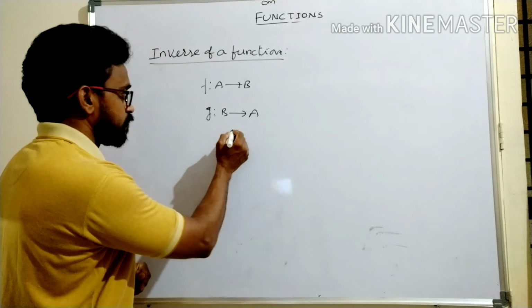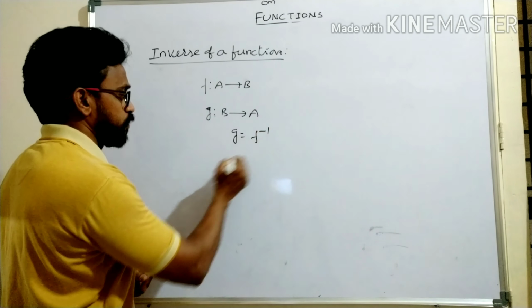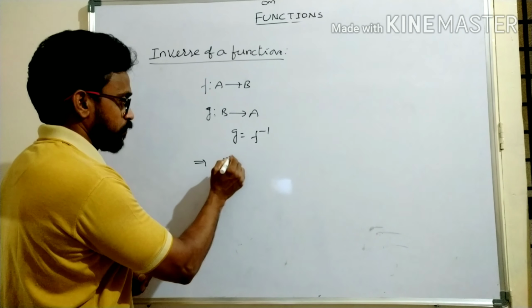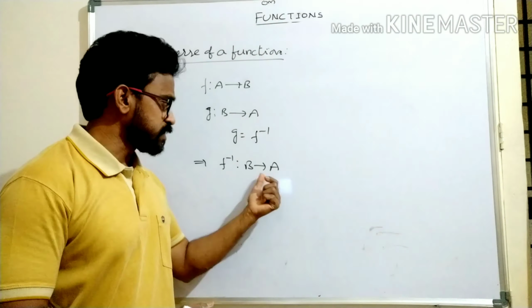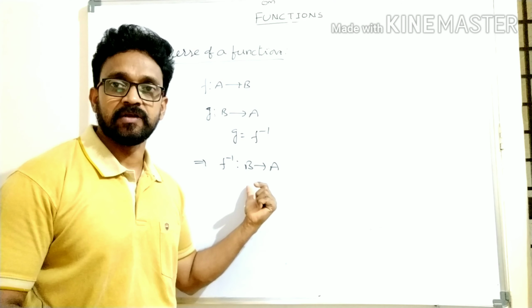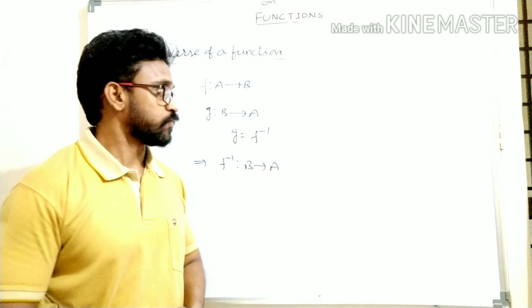In this case, we write g is equal to f inverse. That implies f inverse from B to A. Suppose this is a function, then this is called the inverse of f.